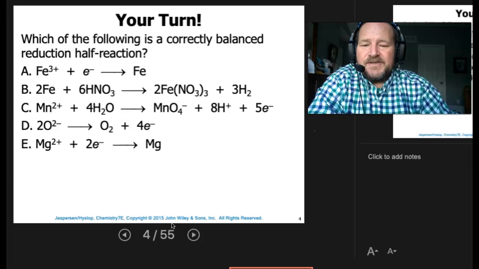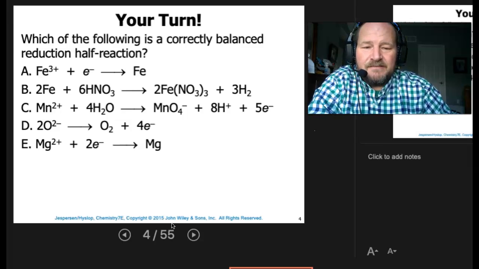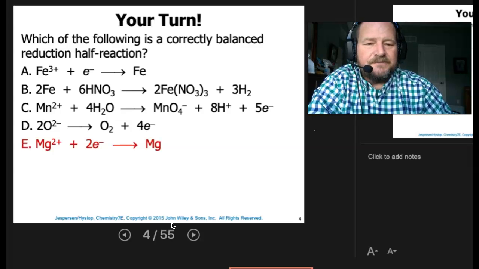Then we have manganese 2 plus going to manganese 7 plus. That's oxidation, not reduction. Then we have 2O2 minus going to O2, so we are going from -2 to 0. That's oxidation again, not reduction. And finally we have Mg2 plus and 2 electrons going to Mg, and now we can see everything's balanced, and that is our correct answer.